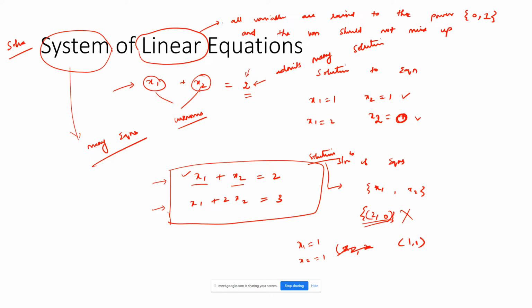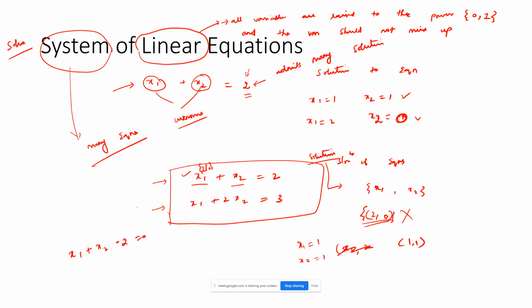Now I think the first condition must be clear to all of you. What I'm saying is, if you have an unknown x1, its power should be either 1 or 0, right? Power 1 must be clear. Now let's see what we mean by power equals 0. For example, this is also an equation, x1 plus x2 minus 2 equal to 0.